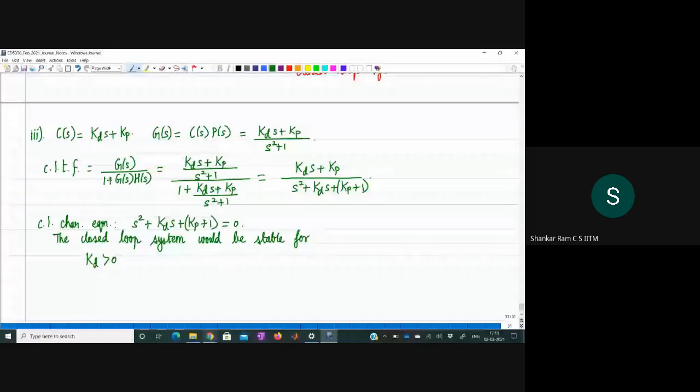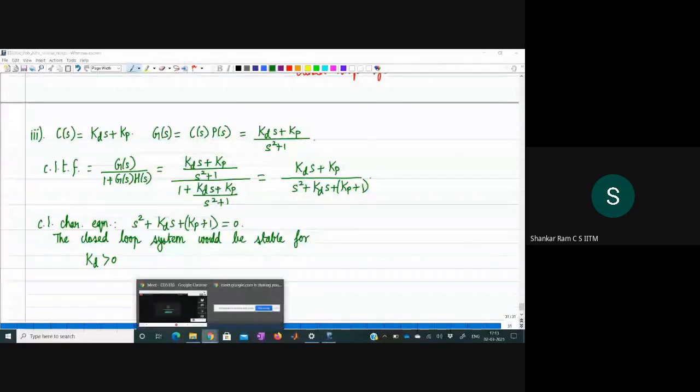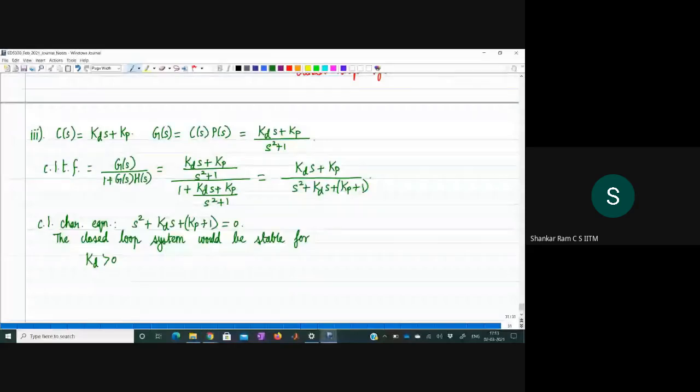We require the other two coefficients to also be of the same sign. So we need KD to be greater than 0 and KP plus 1 to be greater than 0. We require these two conditions to be satisfied.